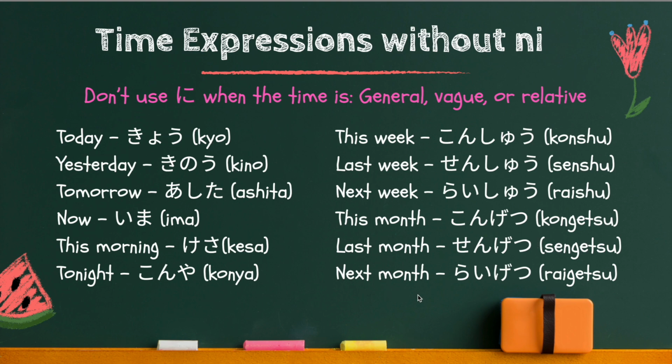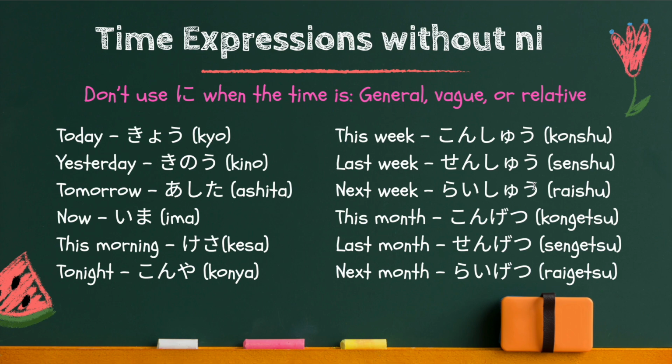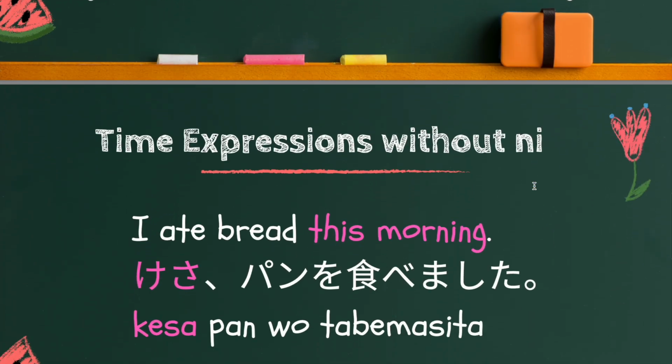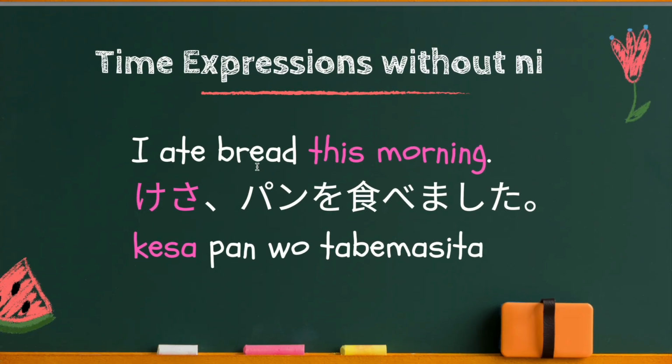Next month, 来月. So those are some of the time expressions that don't require the ni particle. I will show you one example. I ate bread this morning. 今朝パンを食べました。今朝, this morning, is a general or relative time expression. Therefore, there is no ni particle after it.